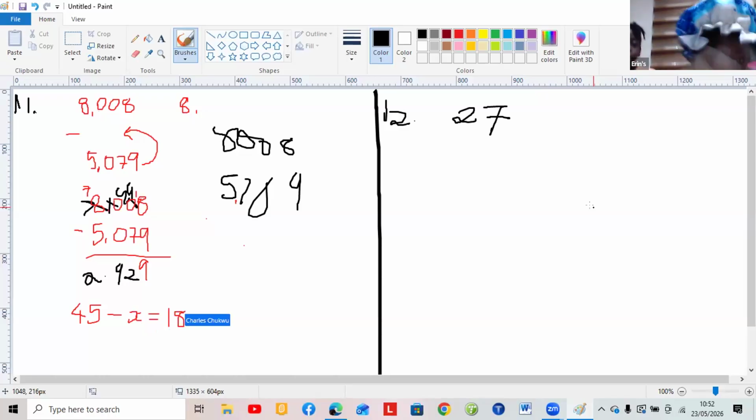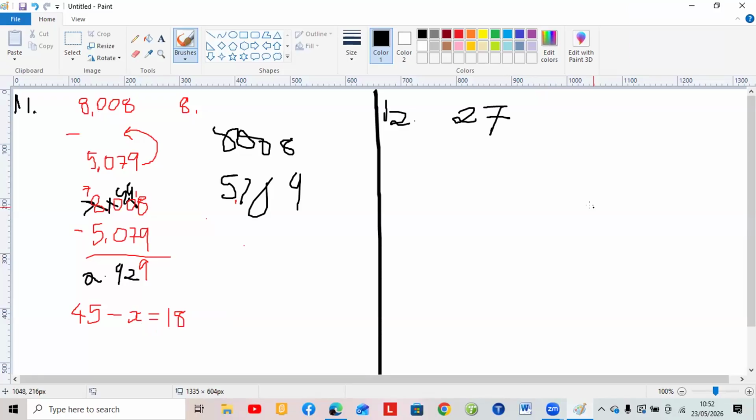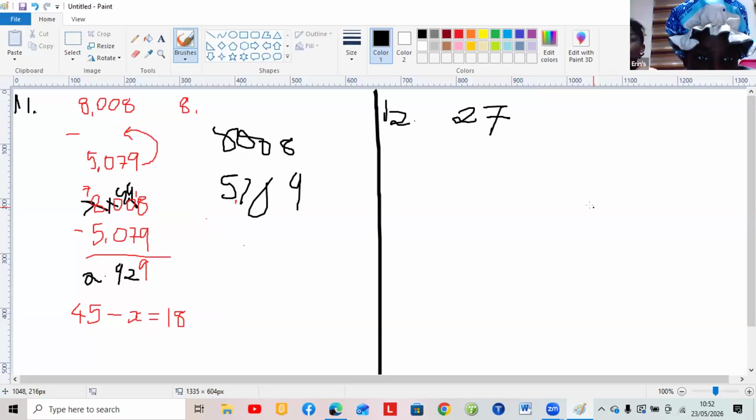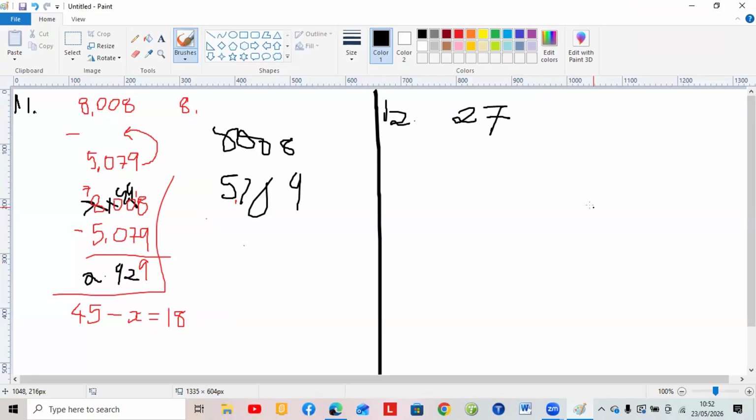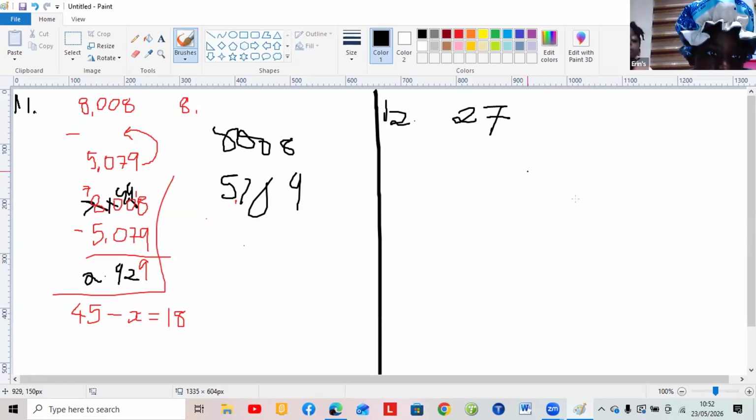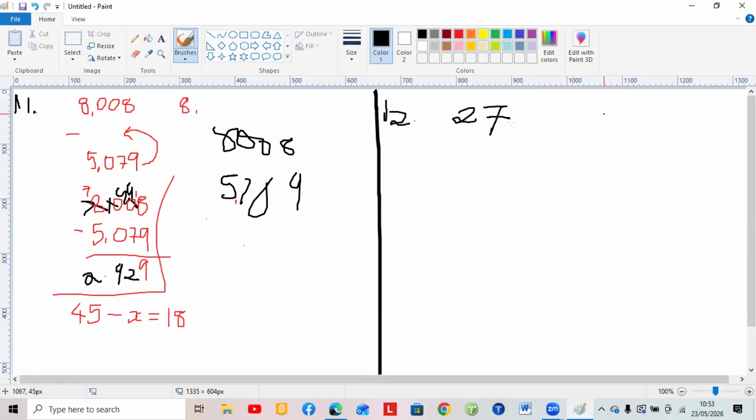That is going to be 45. We just solve here now. It's not 63. We're going to do 45 plus 18. It's very similar. 45 minus 18. Who is saying 45 plus 18 again now? It's the same question. It's 45 minus 18 equals x.